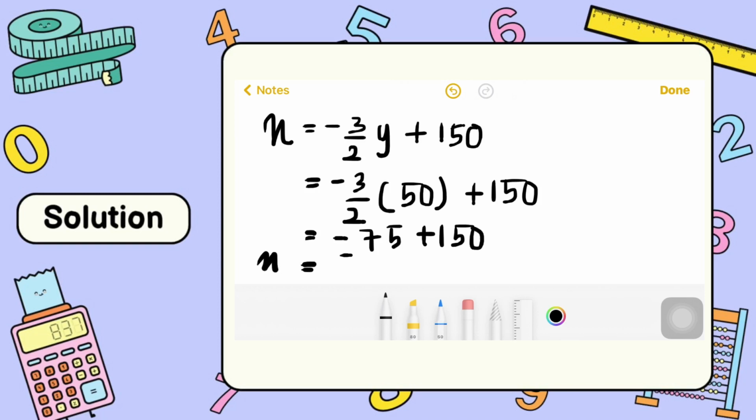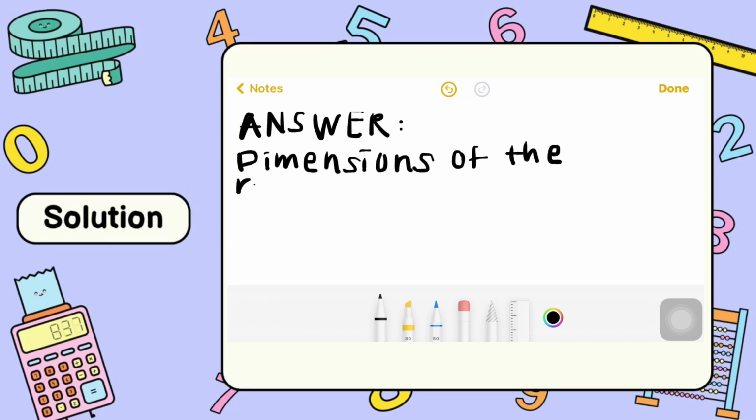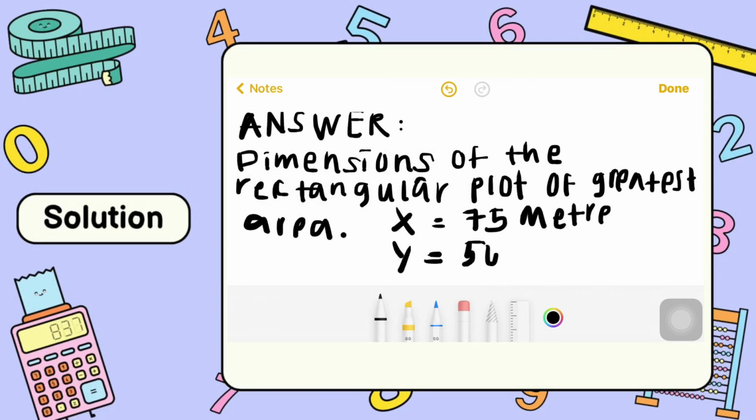And you will get the value of x, which is 75. So the answer is x equals 75 meters, y equals 50 meters. That is the answer for the dimensions of the rectangular plot of greatest area.